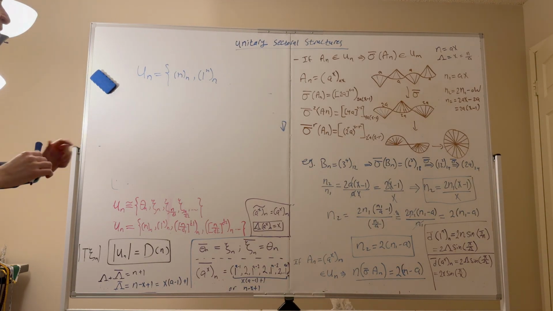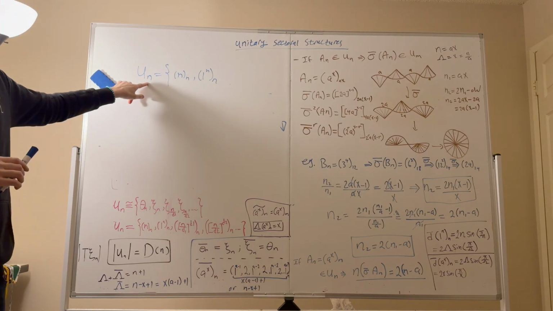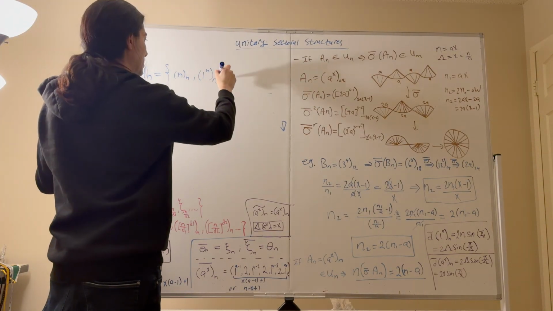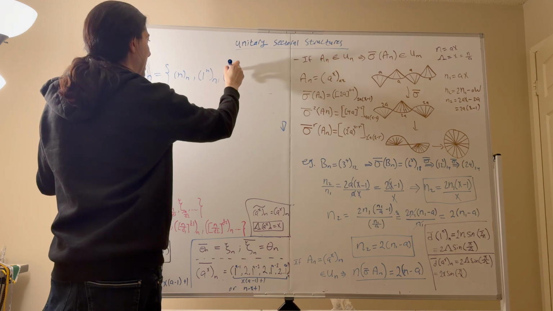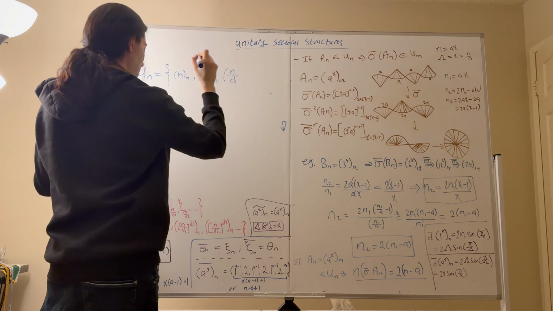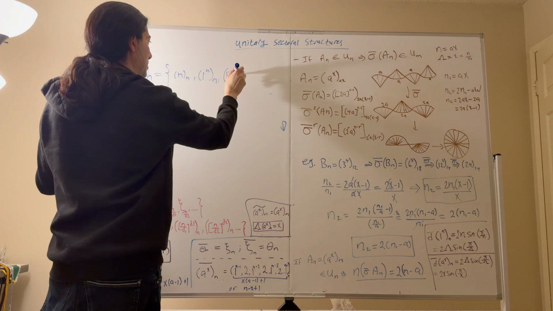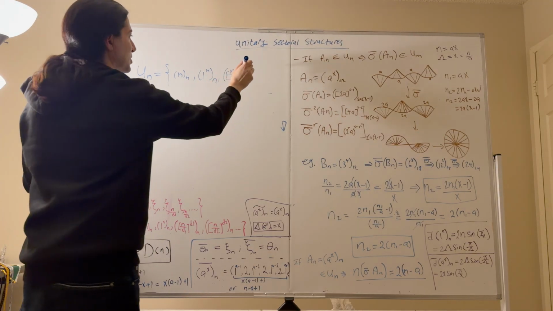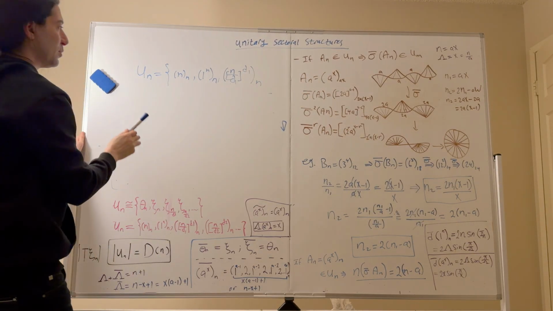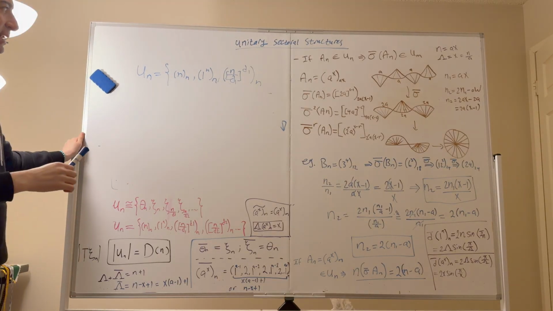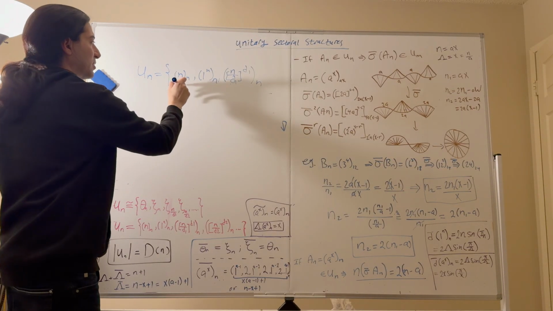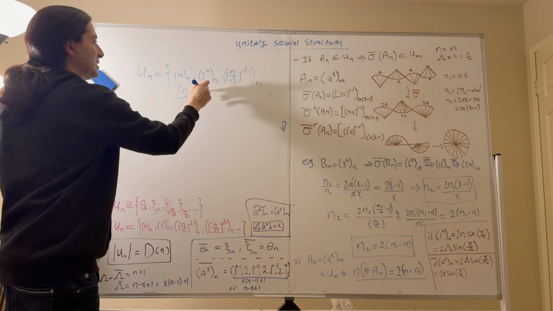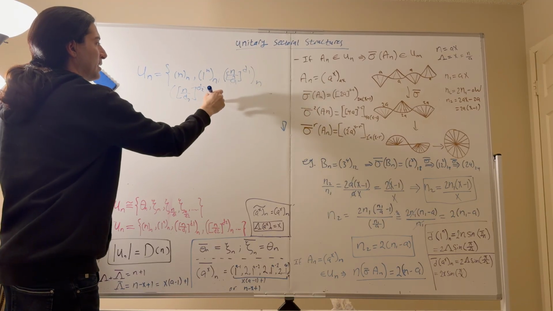Now we need to find the rest of the divisors of n. This would mean we would have n over d1 to the power of d1 subscript n. Remember, everything must have a degree n. And if there's another divisor, we would say n over d2 to the power of d2 subscript n, and so on.